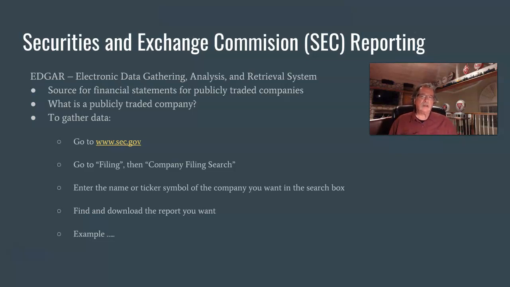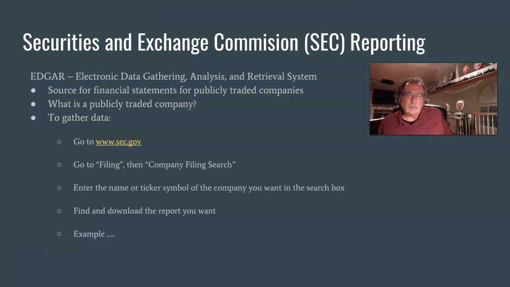But if you're a public company, the Securities and Exchange Commission requires that you file reports periodically per GAAP practices. So we talked about GAAP in the last presentation. What is a publicly traded company?